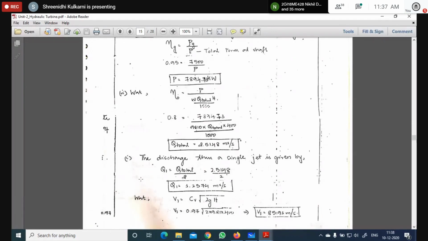Then we can find out the discharge through a single jet, so divided by 2. We'll get 1.257 meter cube per second. So the discharge through a single jet is given by total discharge divided by the number of jets.